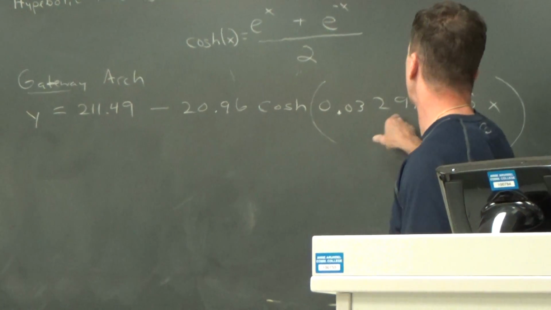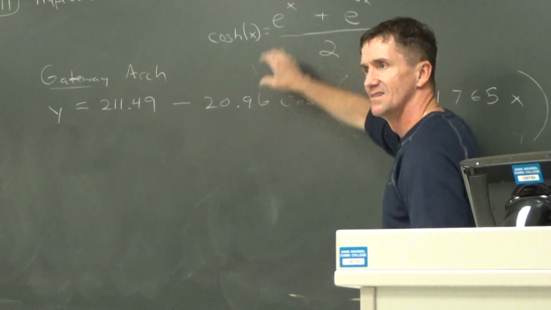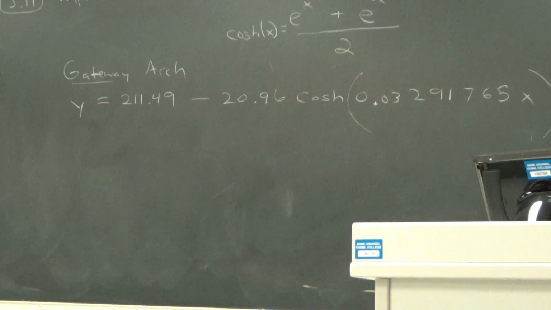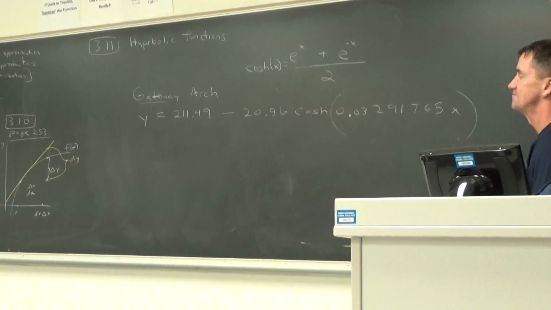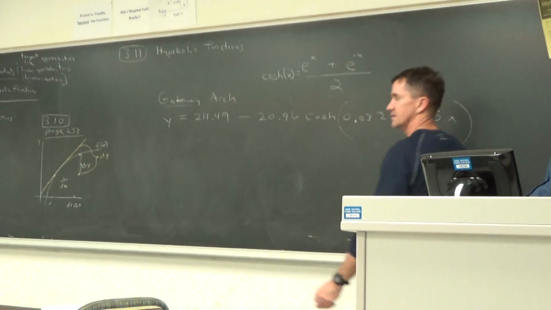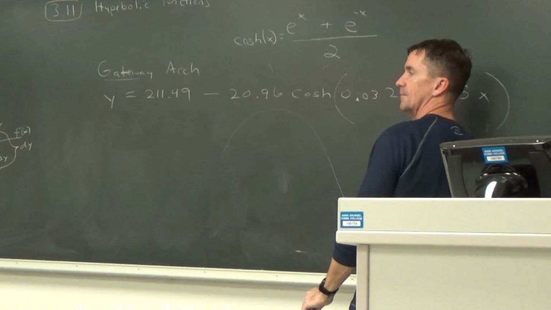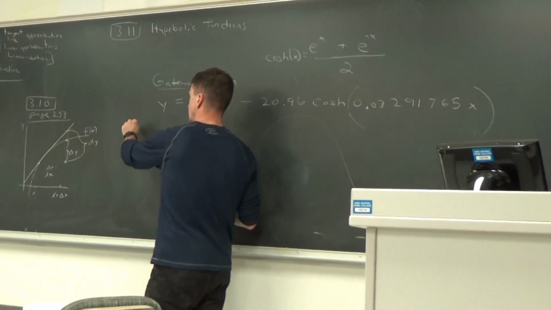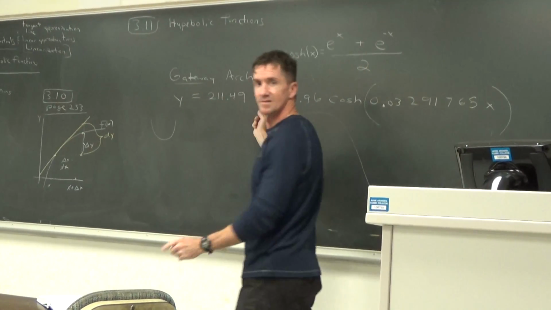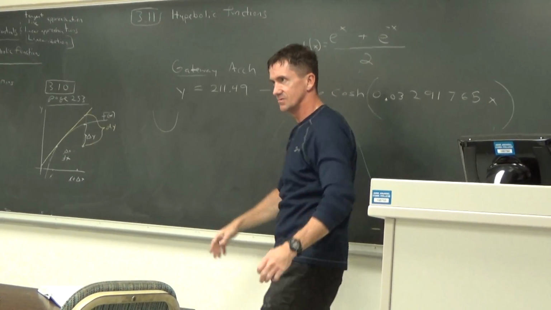Okay, 0.03291765 times all that. That's what they're saying, right? But how does it look? It's like that. But you saw the cosine graph, didn't it go like this? But what's in front of that? Negative. So that's cool.